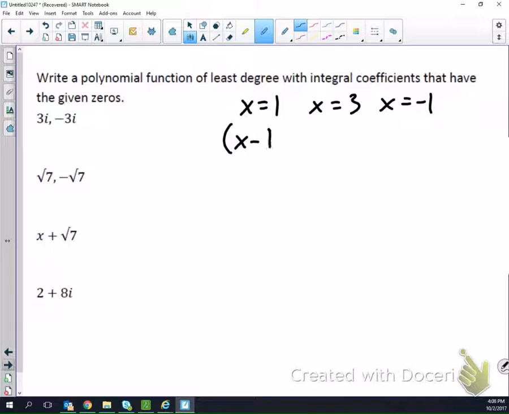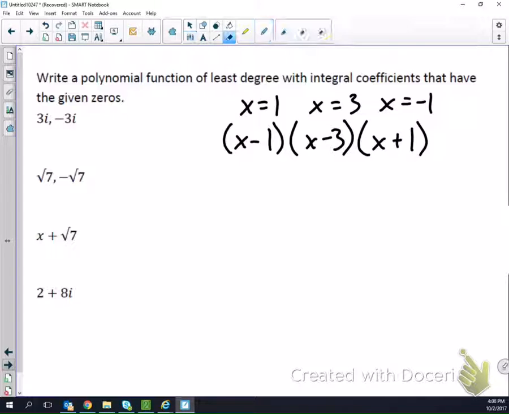I do x minus the 1, x minus the 3, and then x, I could put x minus negative 1, but minusing a negative turns into plus. And so relatively easy. Now that's if we're doing all rational numbers.